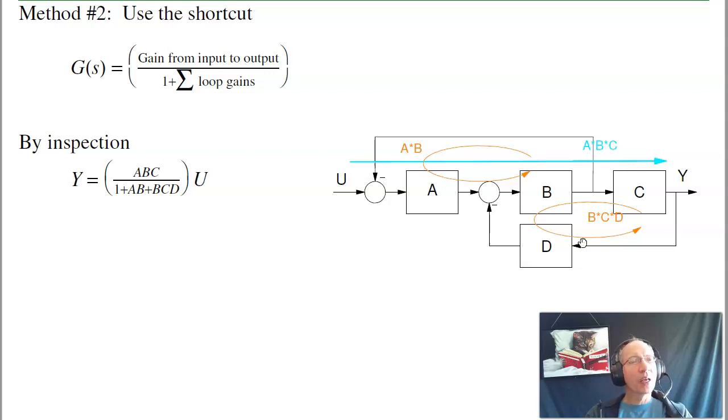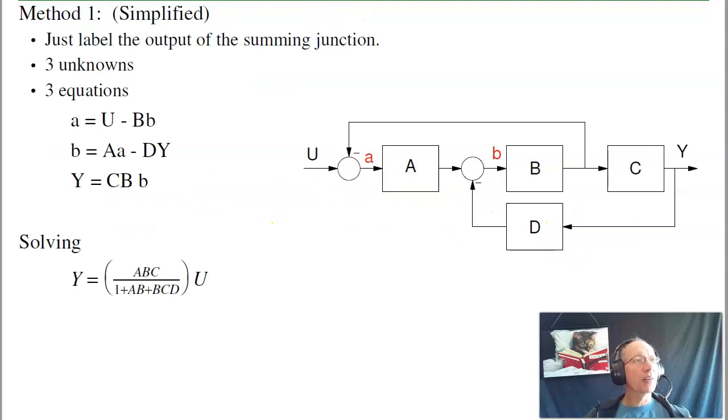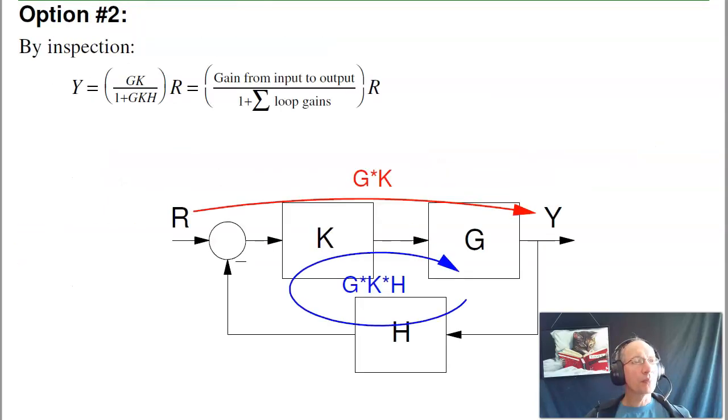I mentioned this usually works. Where it doesn't work is if I have two systems cascaded. For example, if I had this system cascaded twice, I would think that the gain would be 1 plus GKH times 1 plus GKH, which would give you 1 plus 2 times GKH.